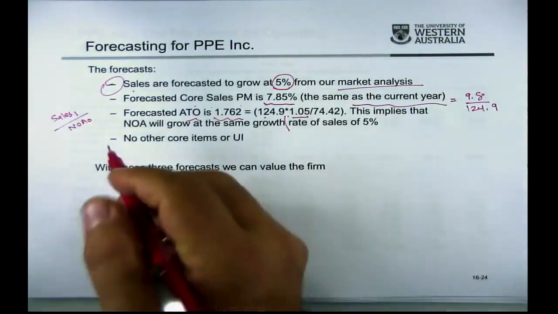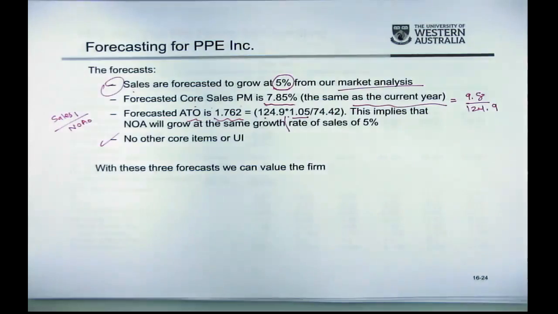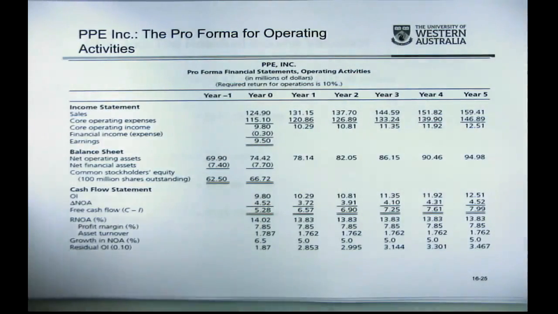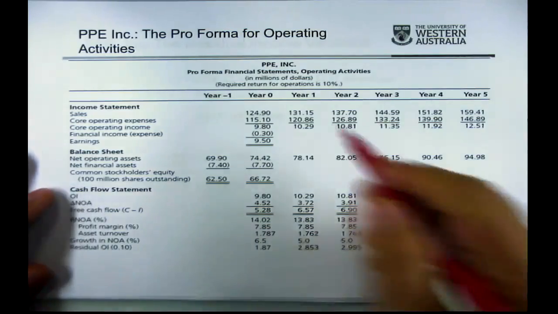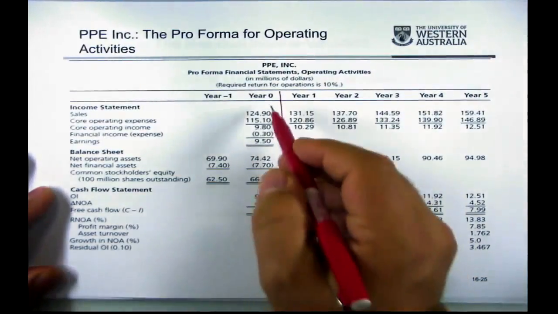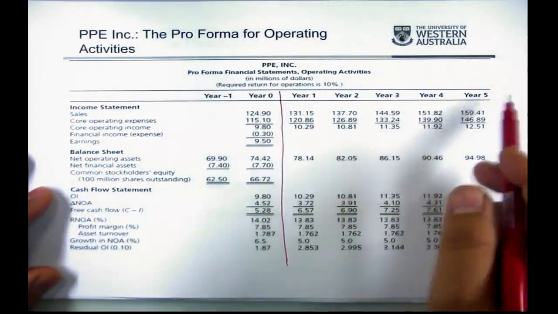For simplicity, we assume that there are no other core items or unusual items. So let us see how to value this firm and also do the pro forma financial analysis. So sales can be easily forecasted in the future. These are actual data. These are forecasts.